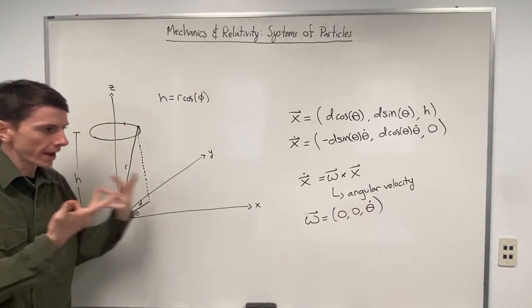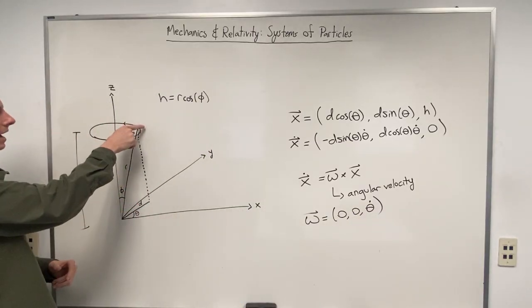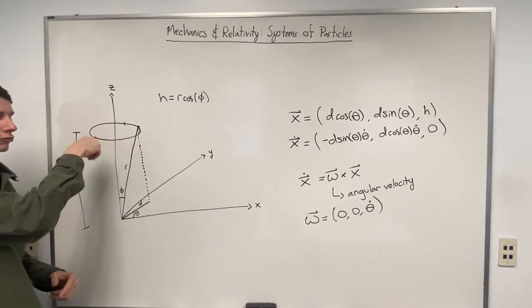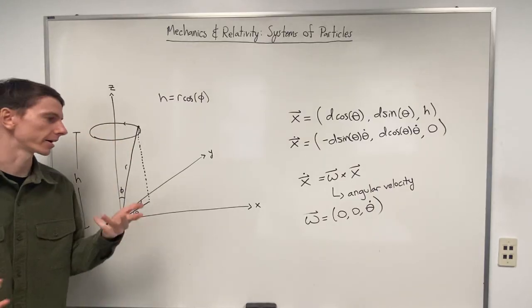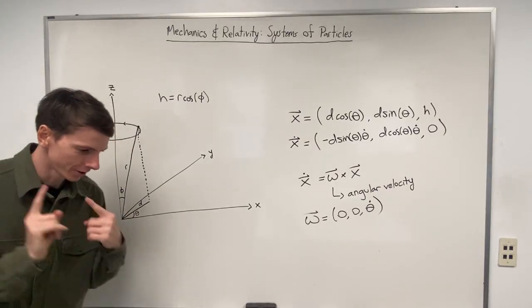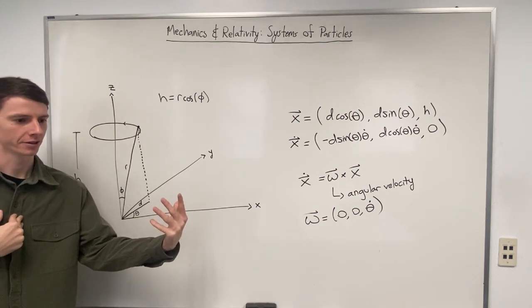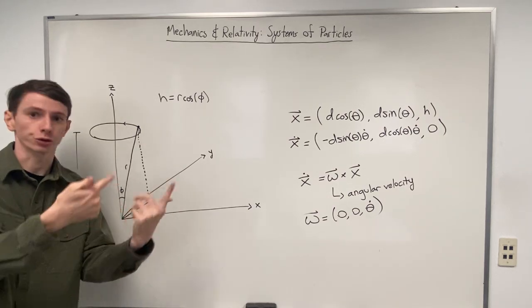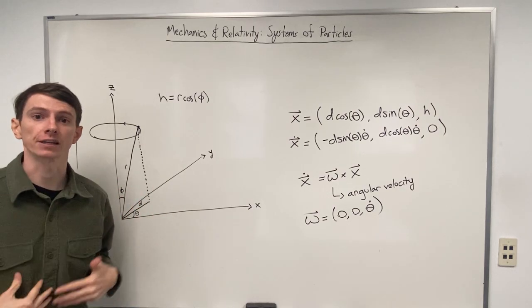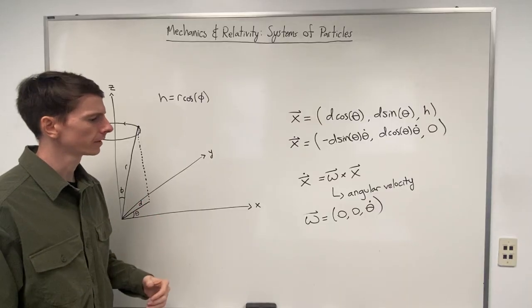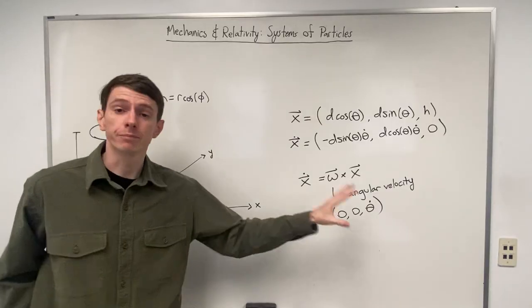So the magnitude of the angular velocity talks about how fast this particle rotates. And I think that kind of makes sense, right? If we're talking about velocity, it's how fast is something going. And angular velocity is how fast are you moving in an angular motion? How fast are you rotating, right? And so that's the magnitude.